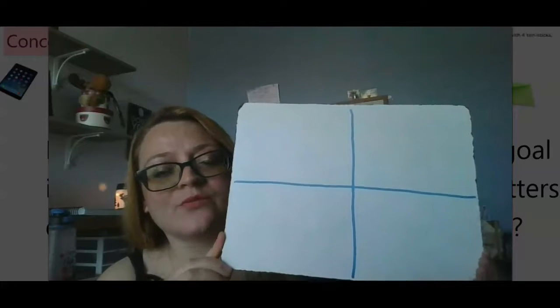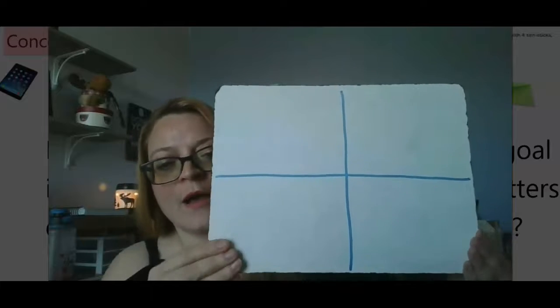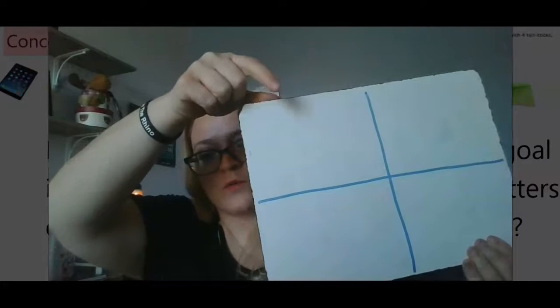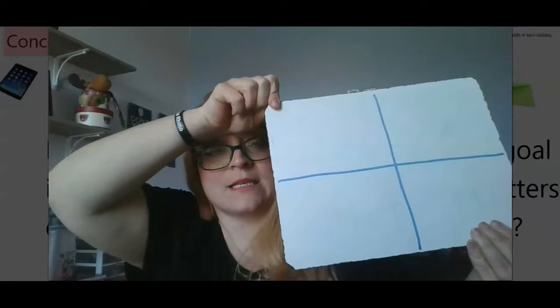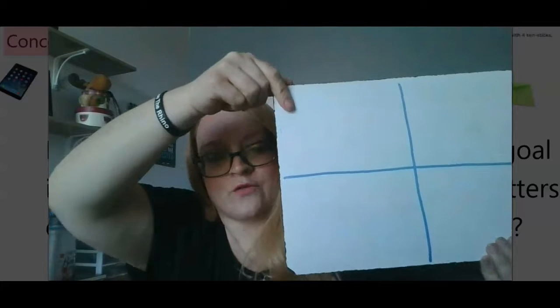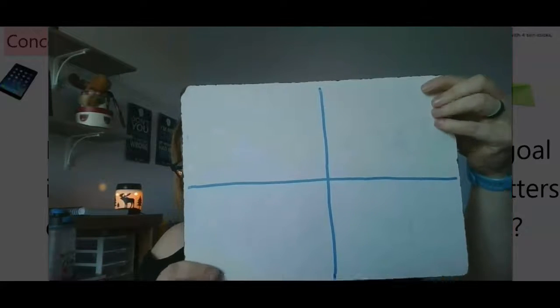So we call this the read, draw, write method. The first box right here is for our important information, the things that we read in our story, and we can put it here so we don't forget it. Here's where we're going to draw some kind of a picture.